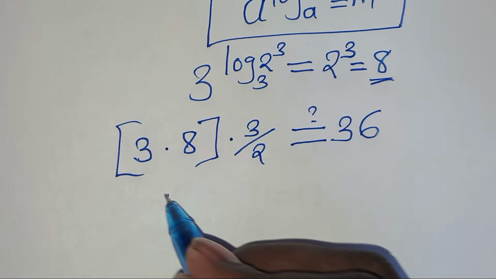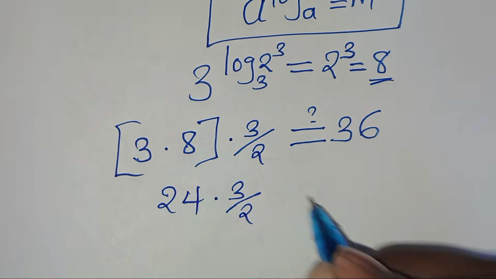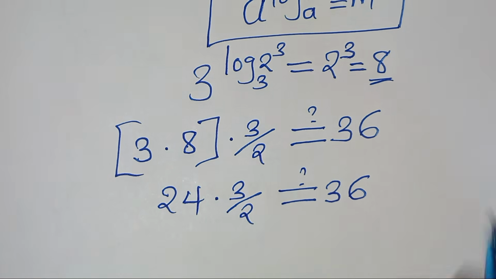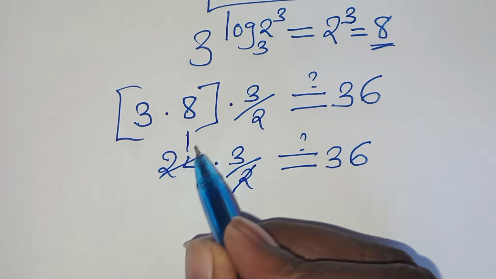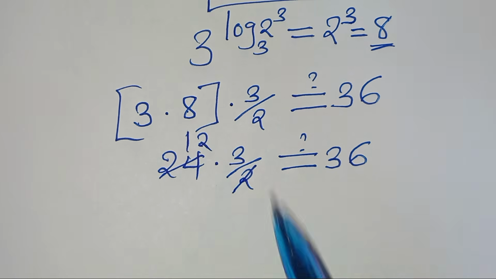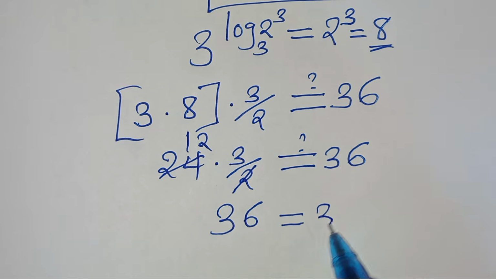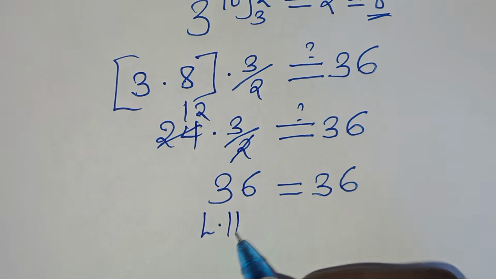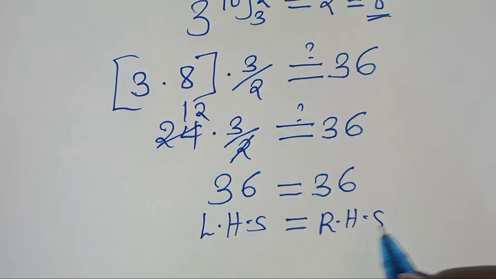So 8 times 3, this is 24, multiplied by 3 over 2. 24 divided by 2, this is 12. So that 12 times 3 is equal to 36, which is equal to 36. So that we have the left hand side is equal to the right hand side.